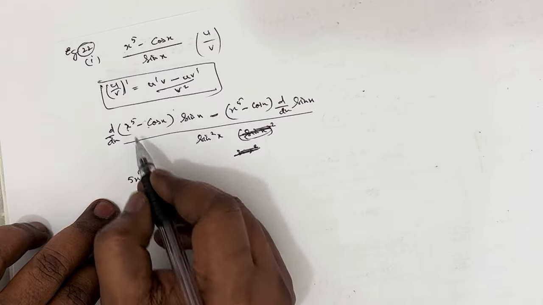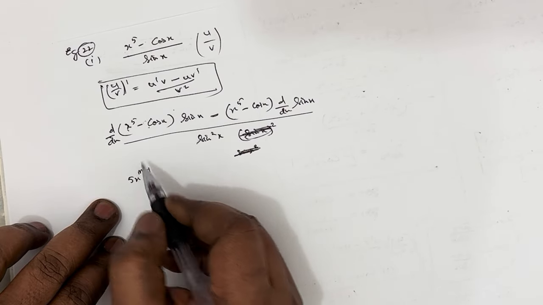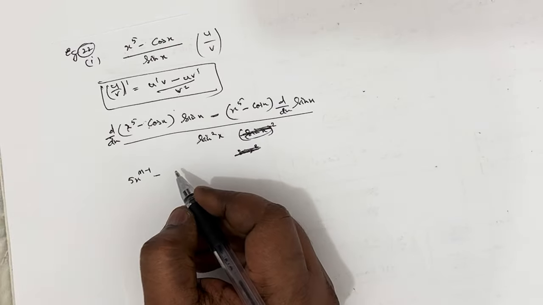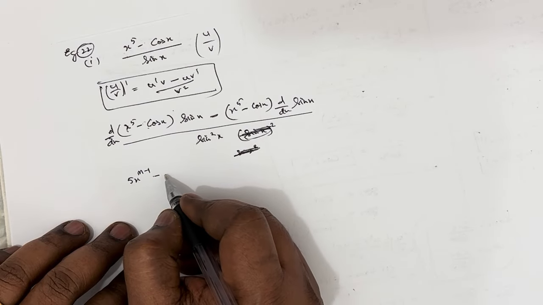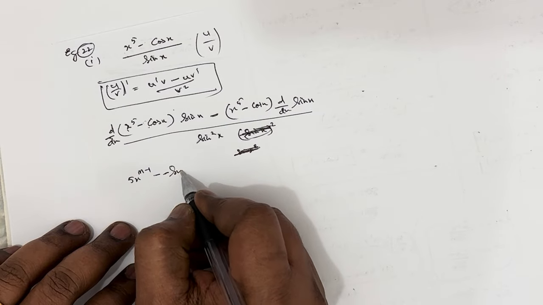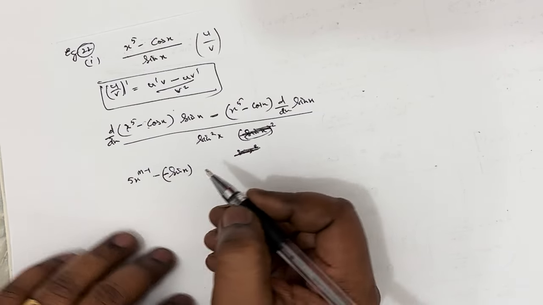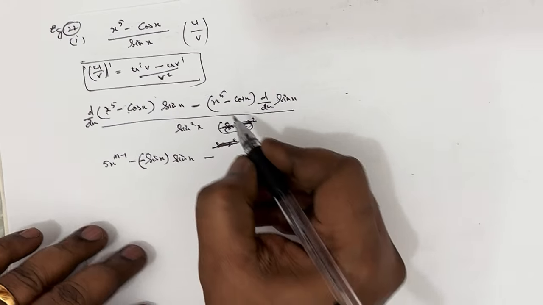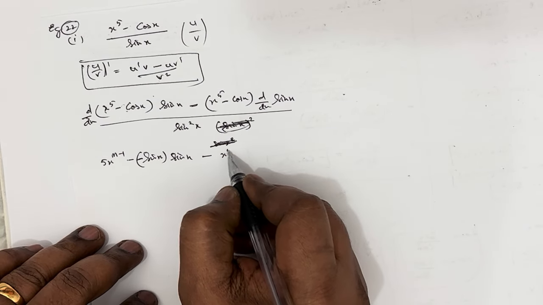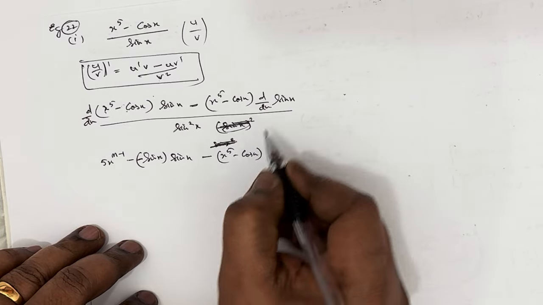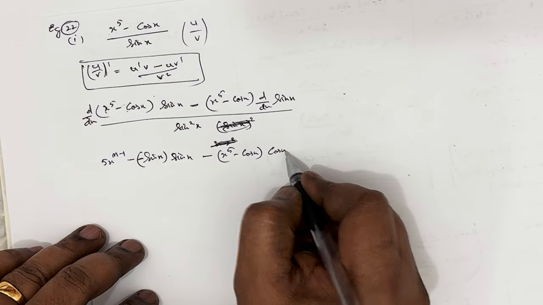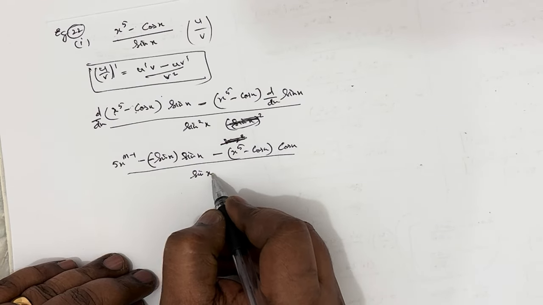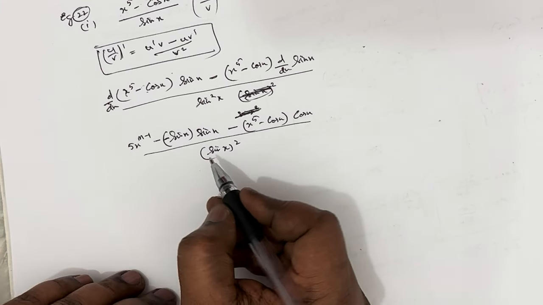So 5x^(n−1) minus derivative of cos x, which is minus sin x, so this will become minus sin x, multiplied by sin x, minus this one as it is, x^5 − cos x, derivative of sin x is cos x, upon sin square x, we will write (sin x) whole square here this time.